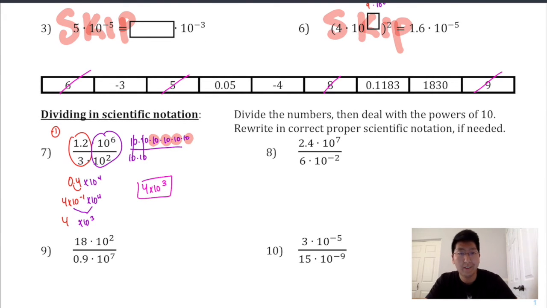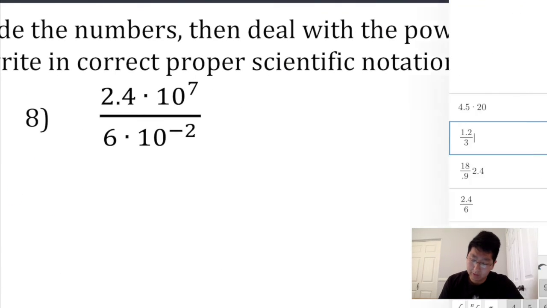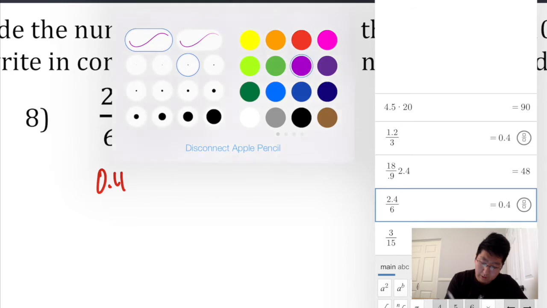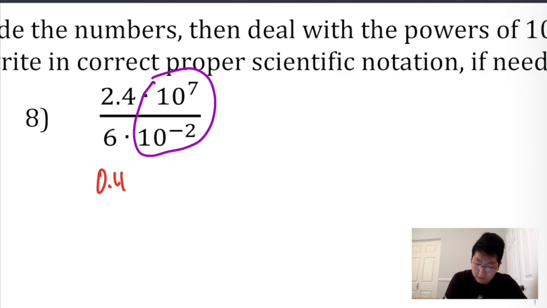Sweet. All right. Here, the next example, 2.4 divided by 6. 2.4 divided by 6 is 0.4. So 0.4. And we're going to take these two and subtract. So 7 minus negative 2 is 9, so times 10 to the 9th. Oh my gosh.